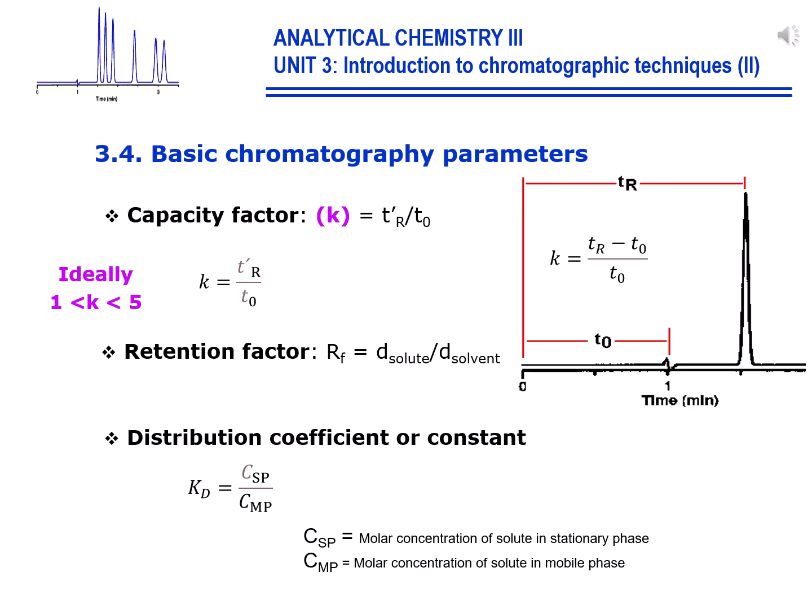Finally, the distribution constant, Kd, measures the distribution of the solute between the mobile phase and the stationary phase, which is the principle on which chromatography is based. CSP and CMP correspond to the molar concentrations of each solute in the stationary and mobile phases respectively.